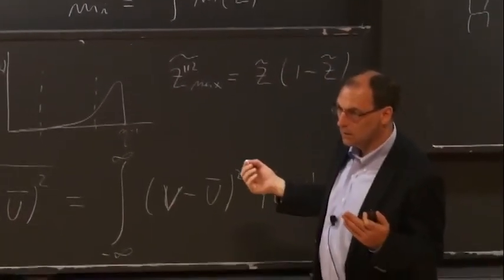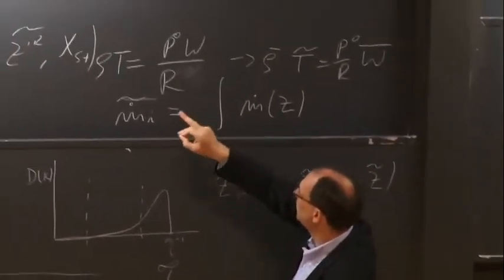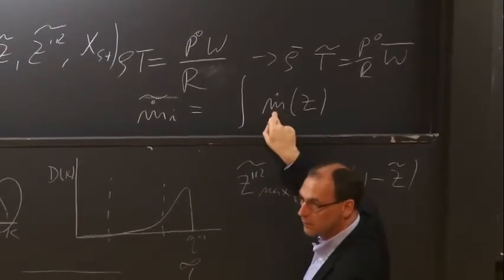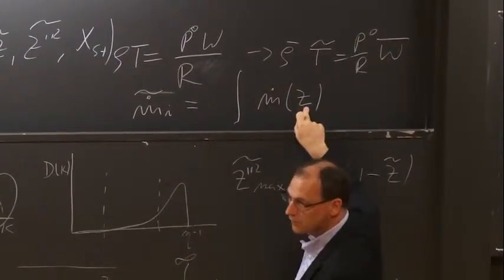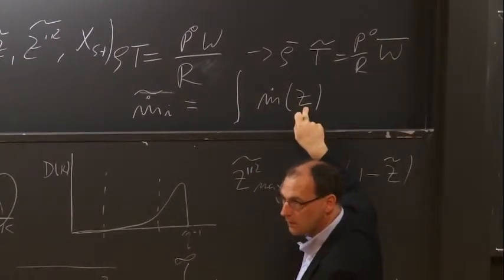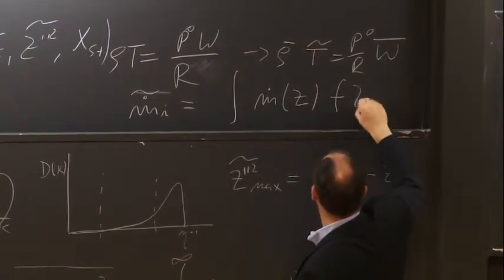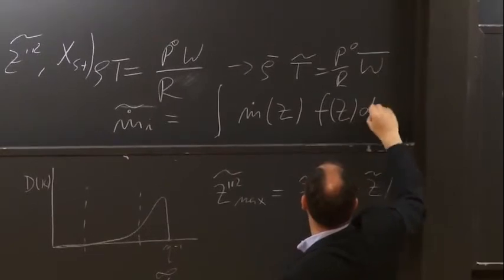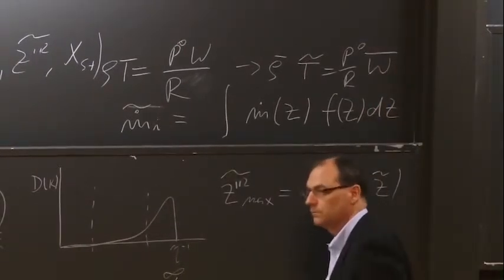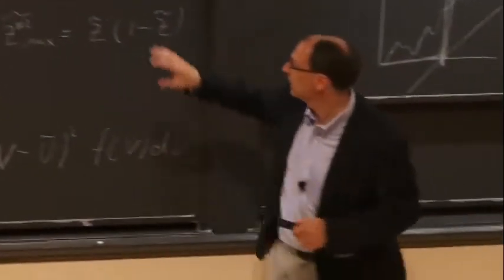This is a function of species and temperature, and all species and temperature are just functions of z. So m dot is just a function of z, and I can say this is just this times f of z dz. That's it. I can compute this in the same way.